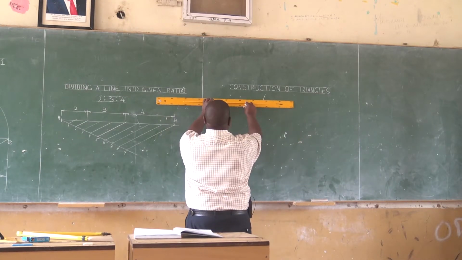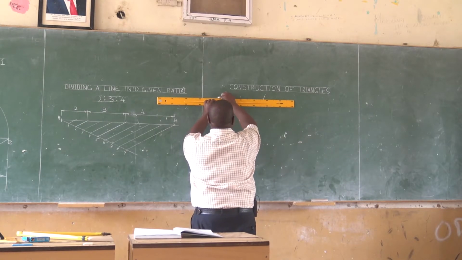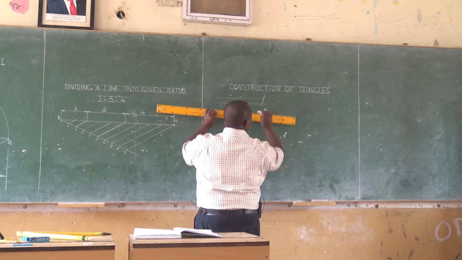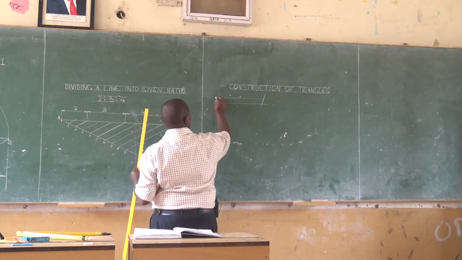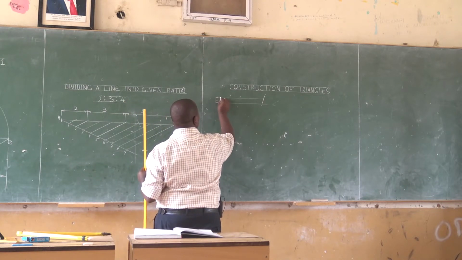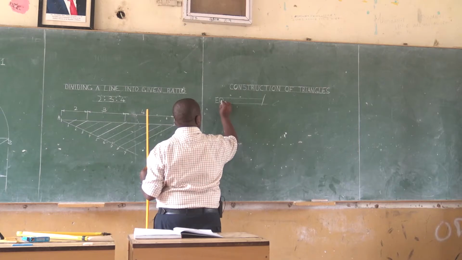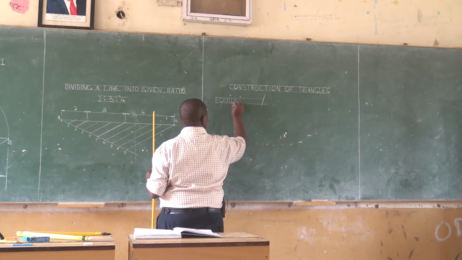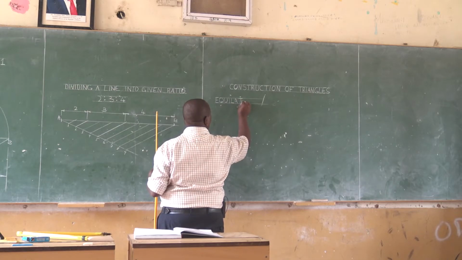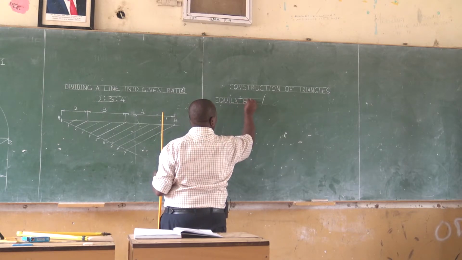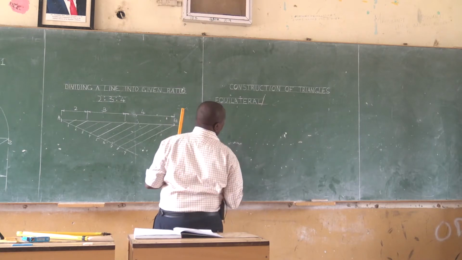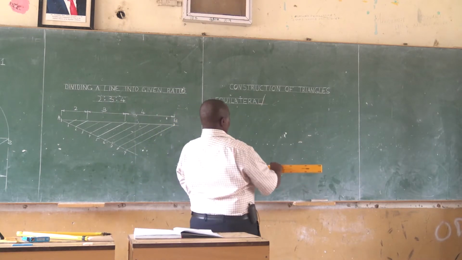So the first one is an equilateral triangle. An equilateral triangle.